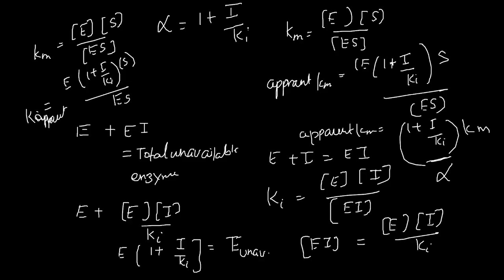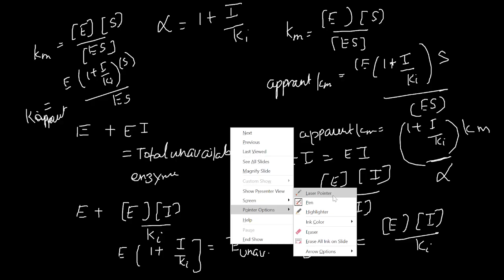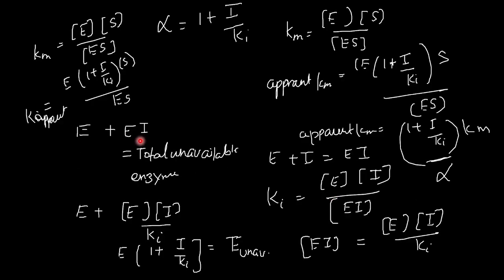So I can explain it one more time just to remember. In the presence of inhibitor, the total unavailable enzyme is the total free enzyme and the enzyme that is bound to the inhibitor. Why is the free enzyme unavailable? Because the same site will be competed for by the inhibitor.